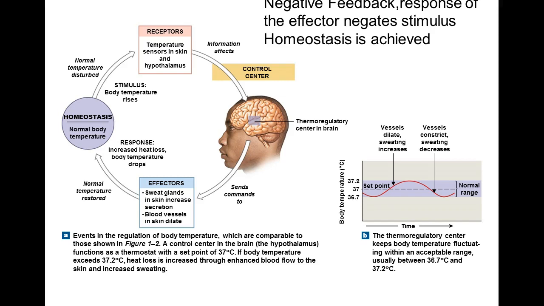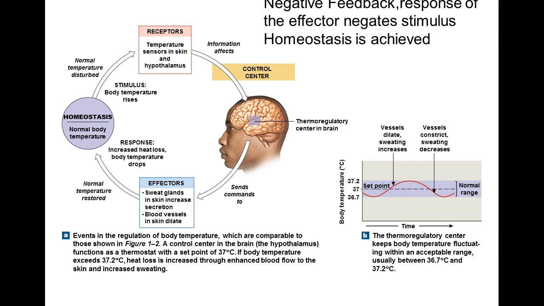And what happens, that entire same process goes on, that you have the control center that receives information via the receptor, and that information that comes via the receptor is something that is affecting homeostasis. So something is going on in the body, externally or internally, that is putting that particular system out of homeostasis.